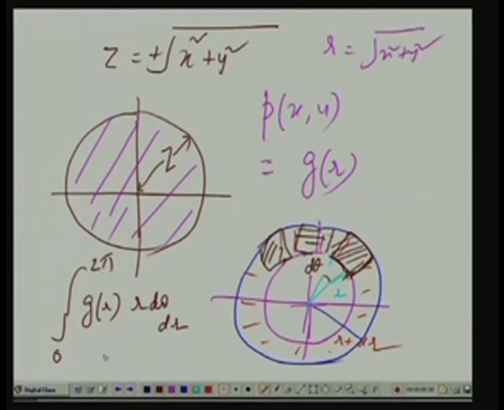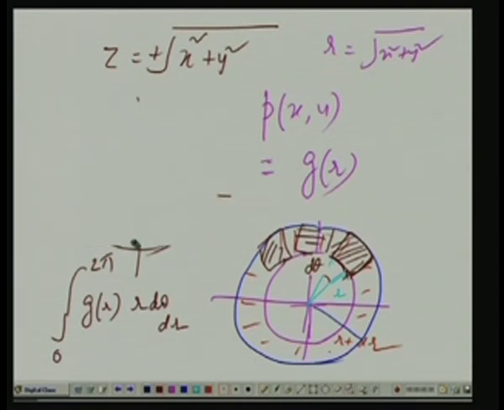What does it give? This gives 2 pi r G r dr.